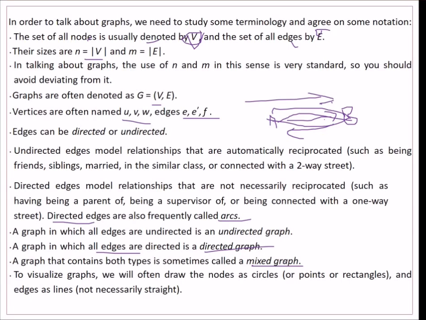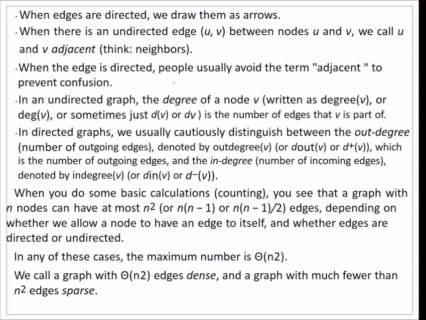We often draw the nodes as circles like this, or rectangles, but mostly circles, and edges just by a straight line, or we can also draw them as an arc. When edges are directed, we use an arrow for the direction.